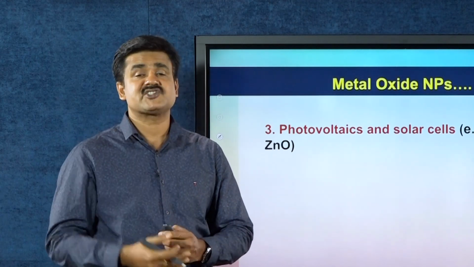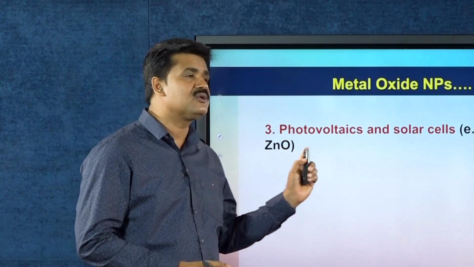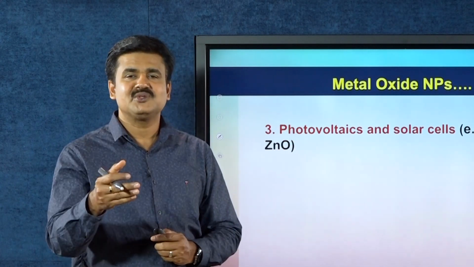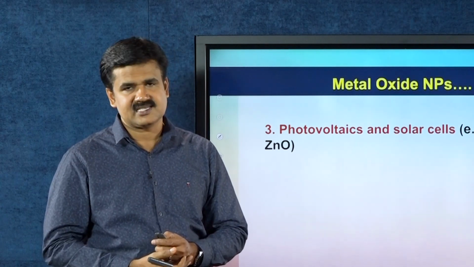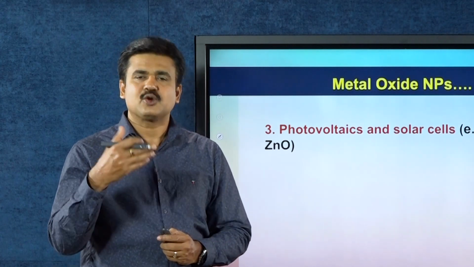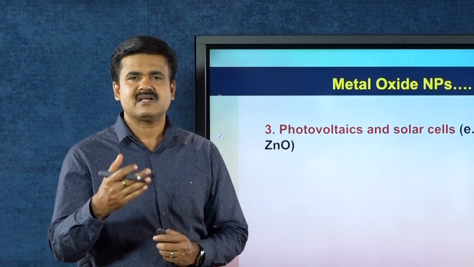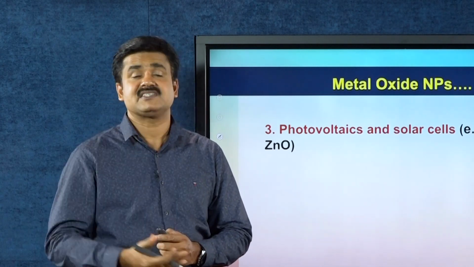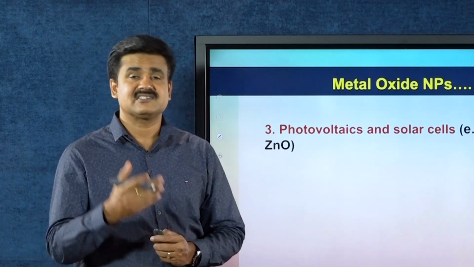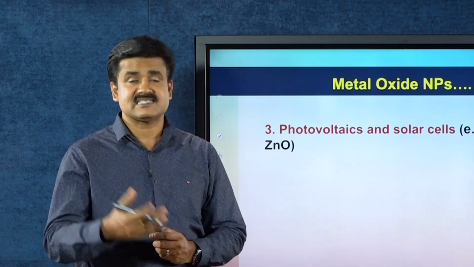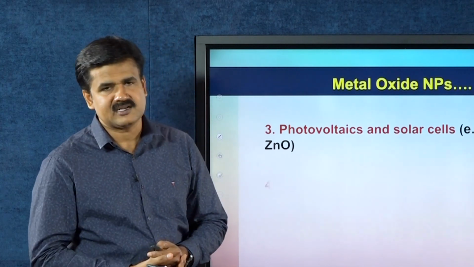The incorporation of metal oxide nanoparticles such as titanium dioxide and zinc oxide into the solar cell components increases its efficacy. So, this incorporation of the metal oxide nanoparticles makes solar cells more effective in energy production. Thus, photovoltaics and solar cells are very recent, highly important applications of metal oxide nanoparticles.